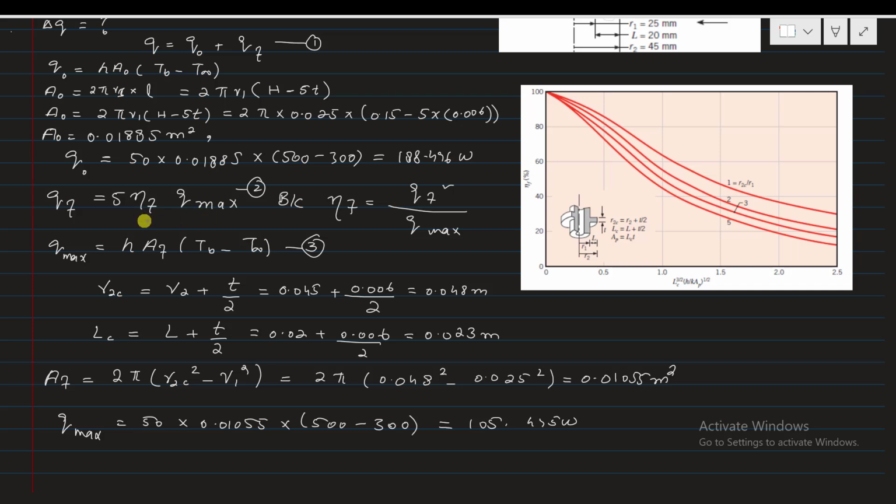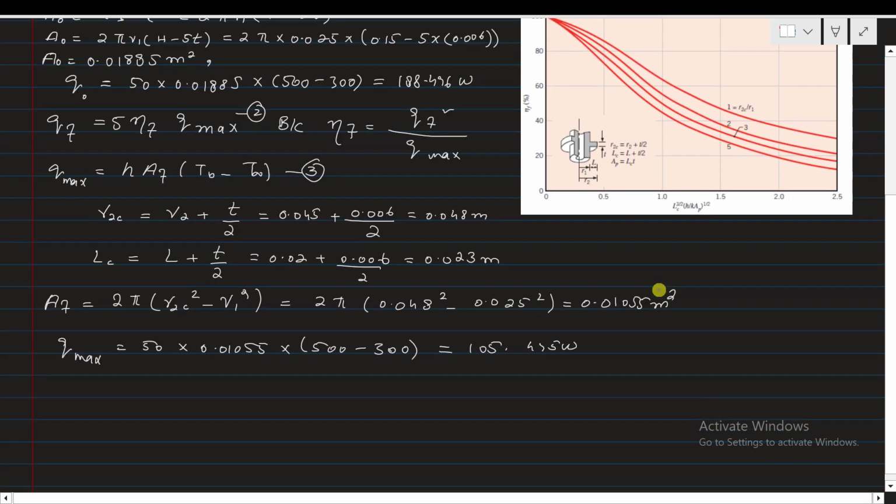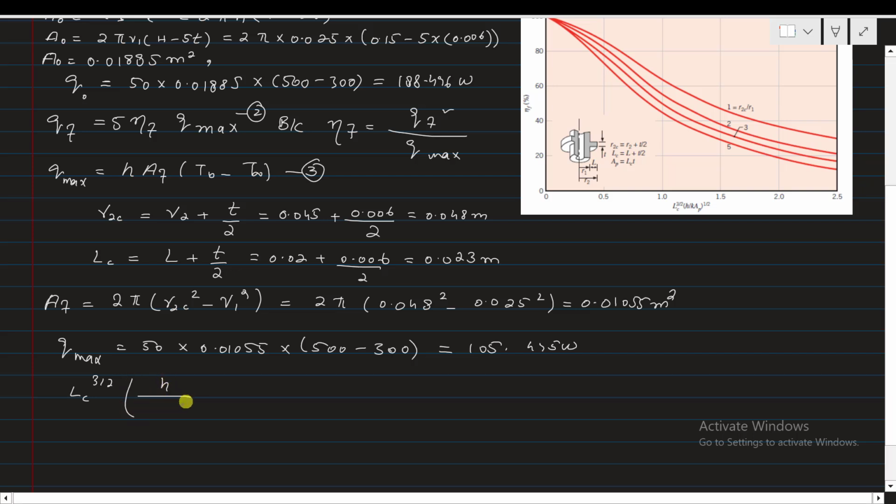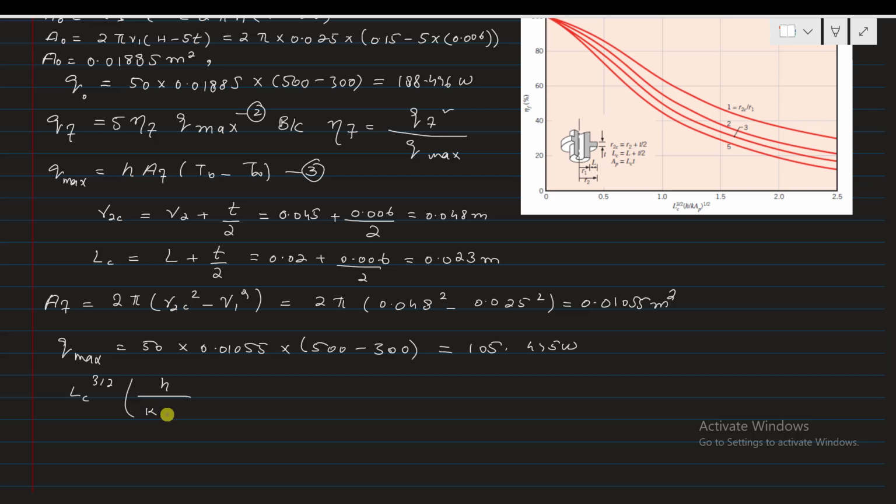Next is to find the efficiency of the fin. So we can find this by this graph. From this graph, first we need to find the x-axis, that is equal to Lc to the power 3 by 2 into h divided by k and surface area.